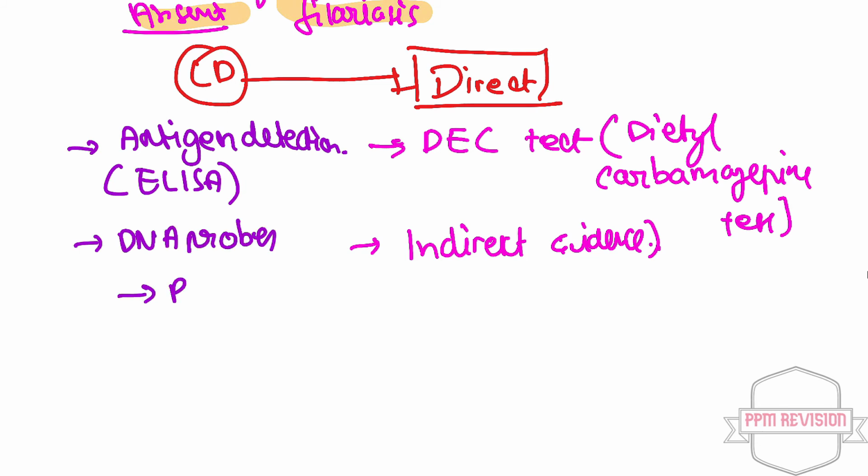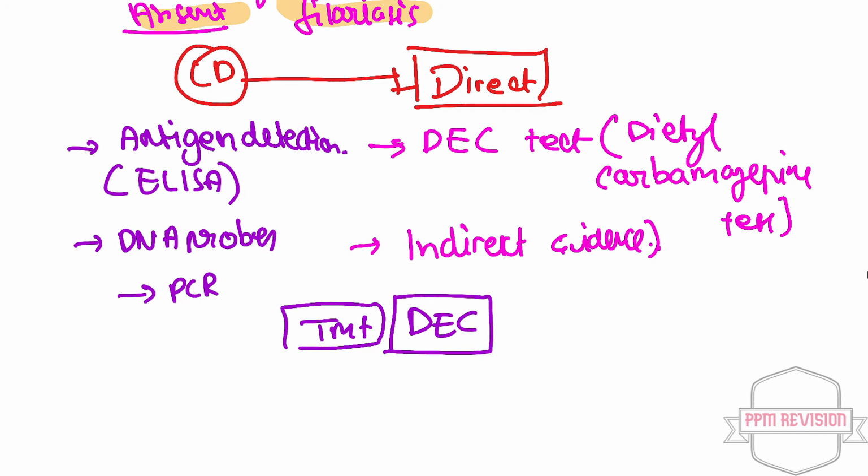There is also PCR. And the treatment is by diethylcarbamazine. So this is the treatment, and it is given orally at the dose of 6 milligram per kg body weight.